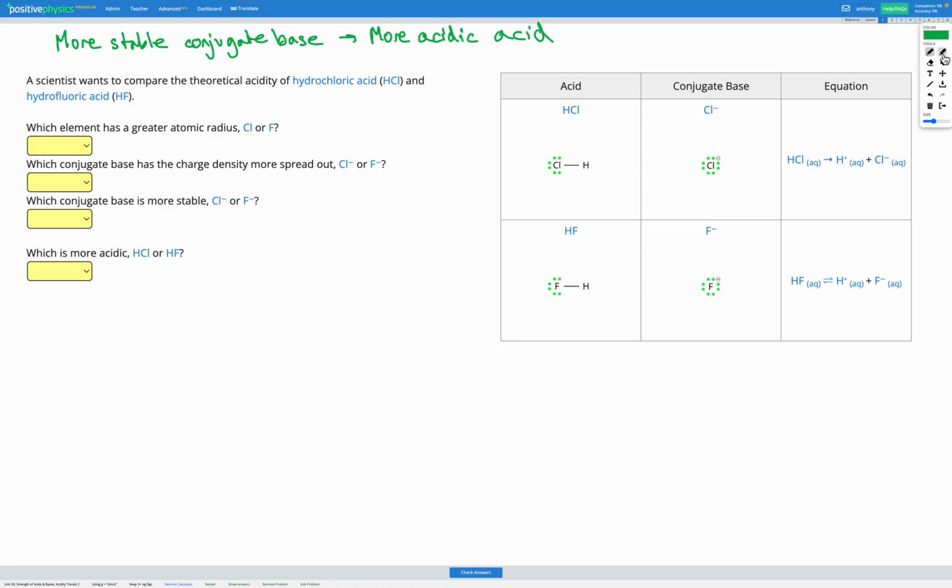Okay, so in this question, we're comparing hydrochloric acid, HCl, and hydrofluoric acid, HF. So in this one, we're going to be thinking about the difference between these conjugate bases. Chlorine and fluorine both have a -1 charge, but they have different atomic radii.